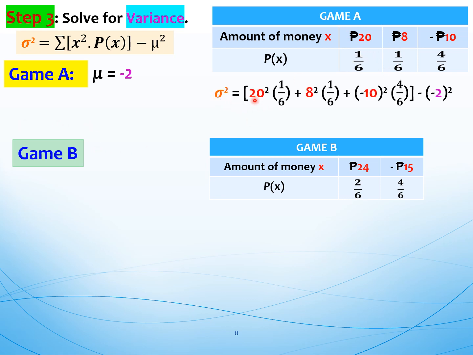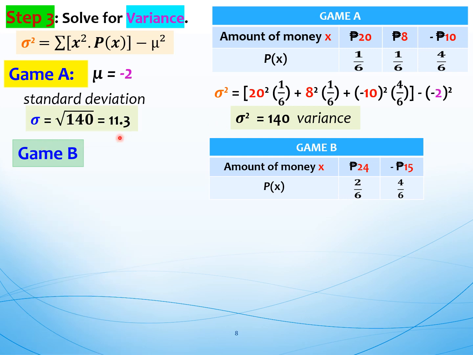So the variance is 20 squared multiplied by 1/6, plus 8 squared multiplied by 1/6, plus negative 10 squared multiplied by 4/6, minus the square of negative 2. Therefore, using a calculator, the variance is 140. If we already have the variance, we can calculate the standard deviation. Simply, the square root of 140 is 11.83. So we now have the variance and standard deviation of game A.